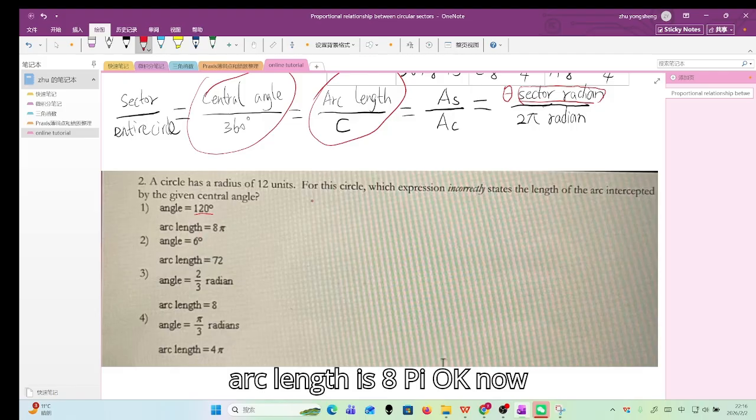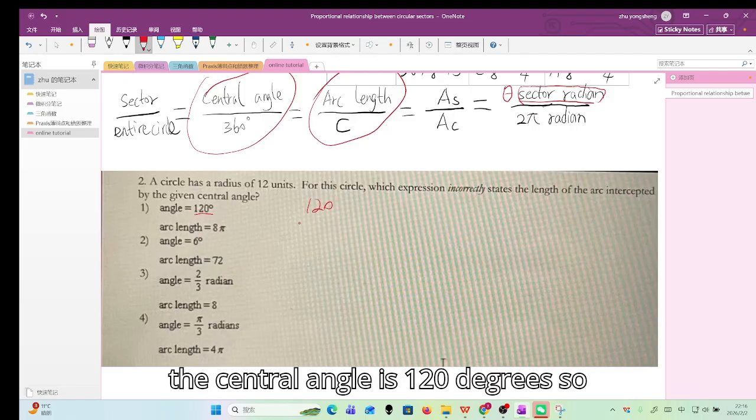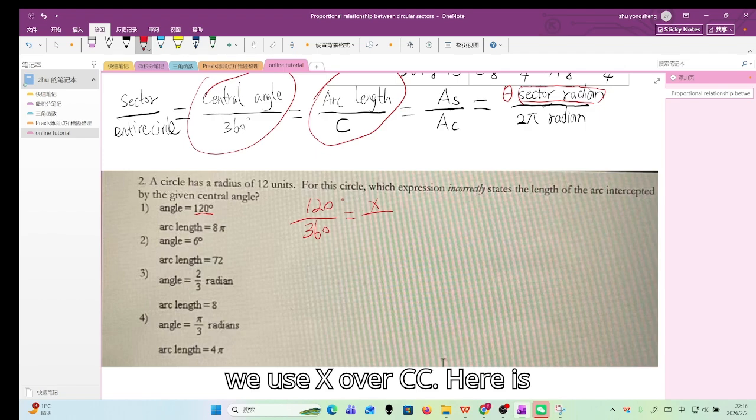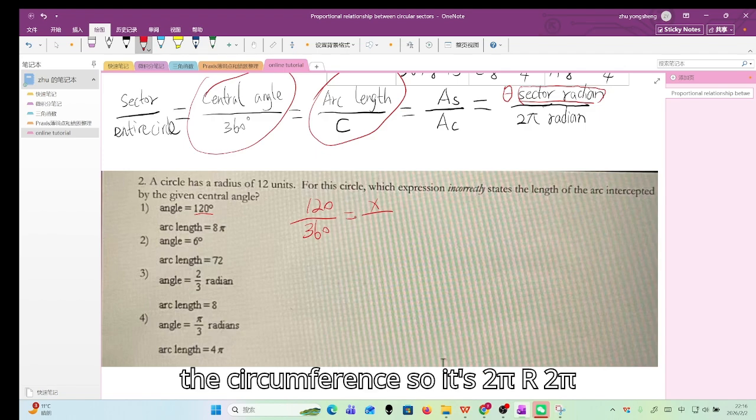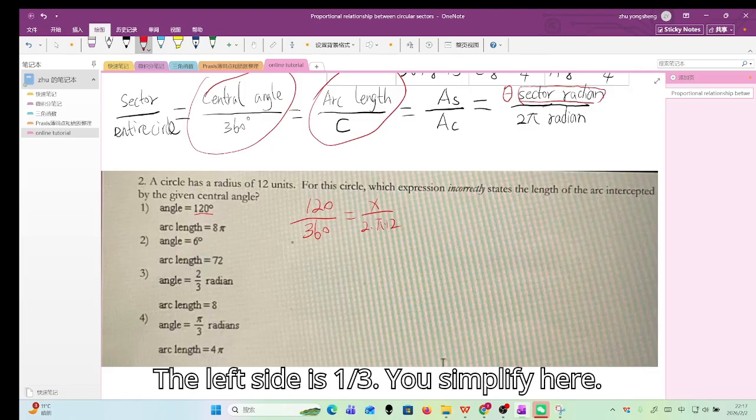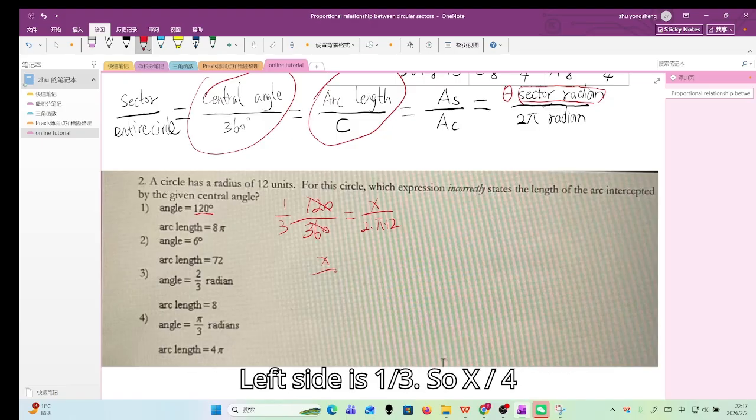The central angle is 120 degrees, so 120 over 360 degrees equals the arc length x over C. C here is the circumference, so it's 2 pi r, 2 pi times 12. And then we solve this question. The left side is 1/3.